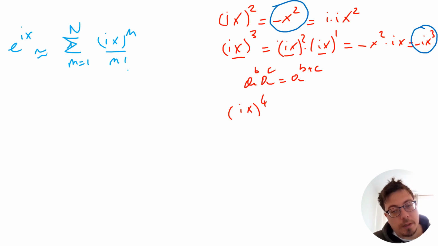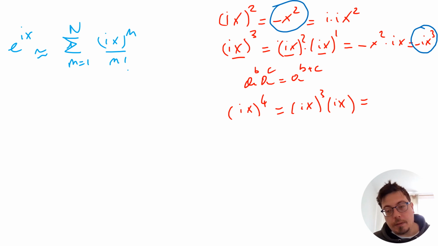So e to the 4 is now ix to the 3 times ix, the same way we did the step before. Ix to the 3 is minus ix cubed times ix. Now, minus i times i, x to the 4, minus i times i is exactly x to the 4.